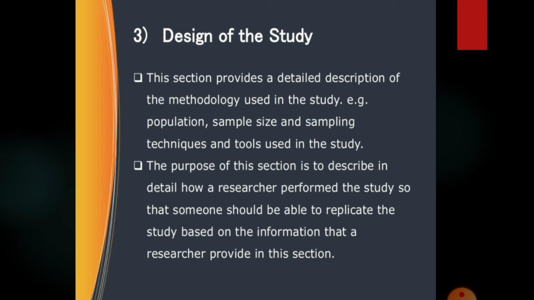The purpose of the section is to describe in detail how a researcher performed the study so that someone should be able to replicate the study based on the information that a researcher provides in this section.